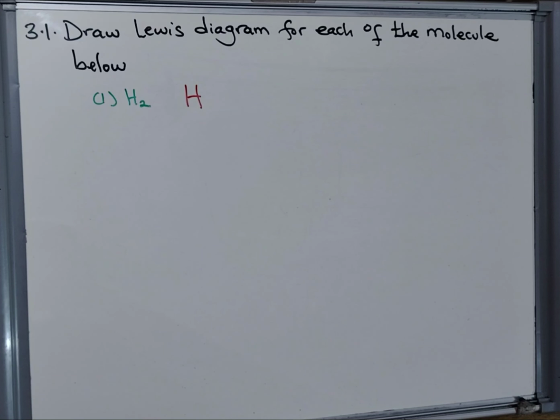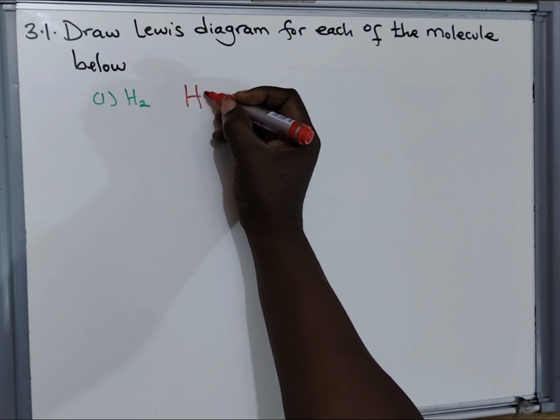And what do you know about H? H has atomic number 1, so it has 1 electron in the outermost shell, which we represent as that.